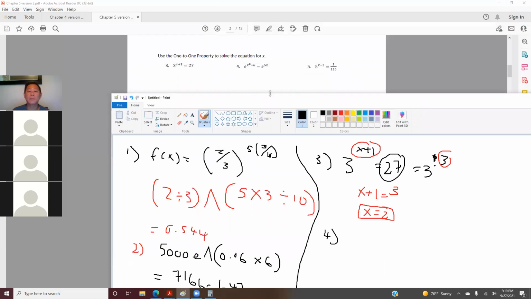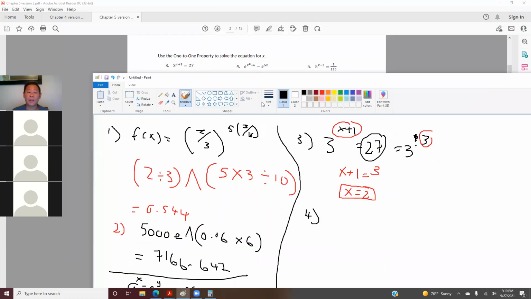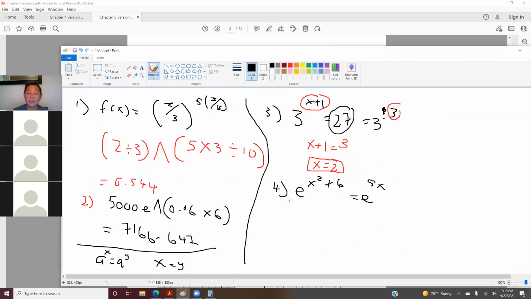Number 4 also works, doesn't matter if it's 3 or 4, as long as they are the same base, the exponents are the same. For question number 4, since we have the same e base, the natural exponent, we can cancel it and concentrate on the powers.